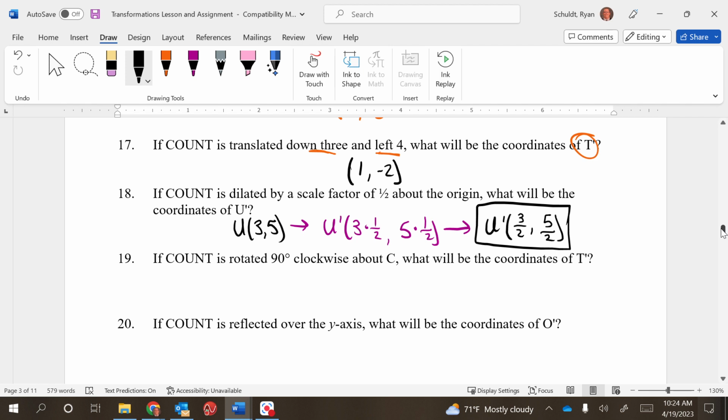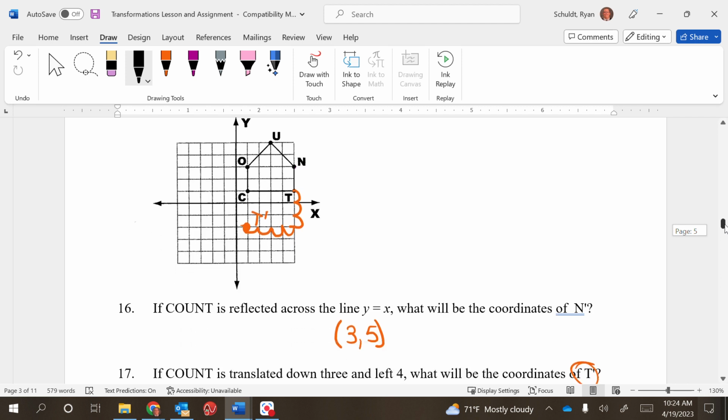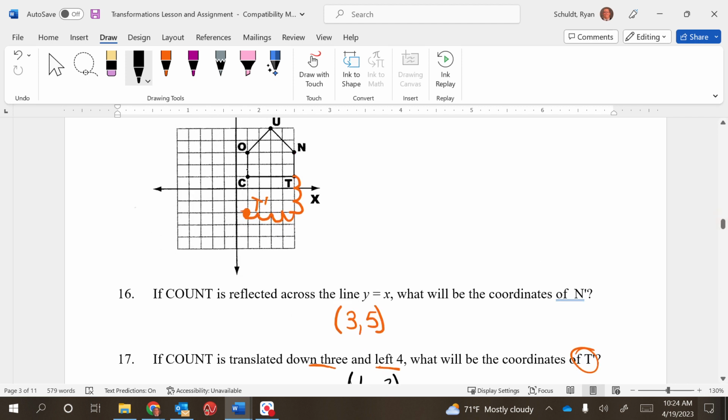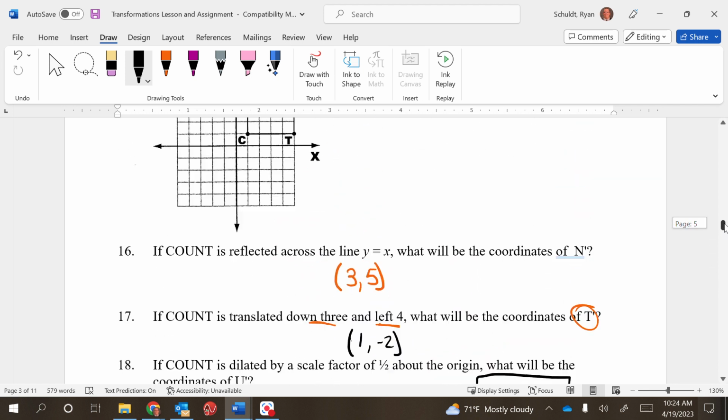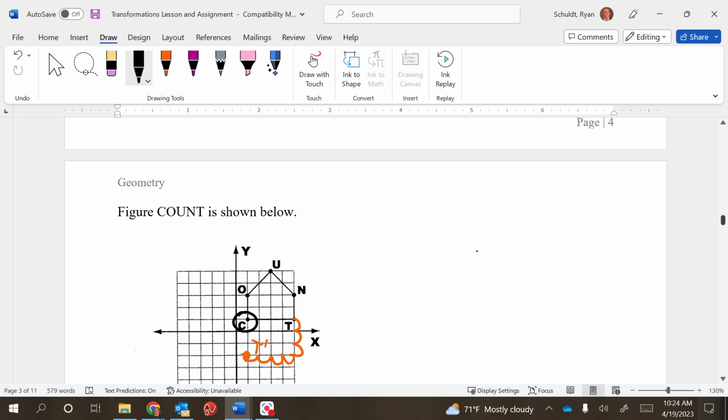Okay. If count is rotated 90 degrees clockwise about C, what will the coordinates of T prime be? So C is our pivot. We got to go 90 degrees clockwise. Well, it's T. So T is going to have to go that direction.